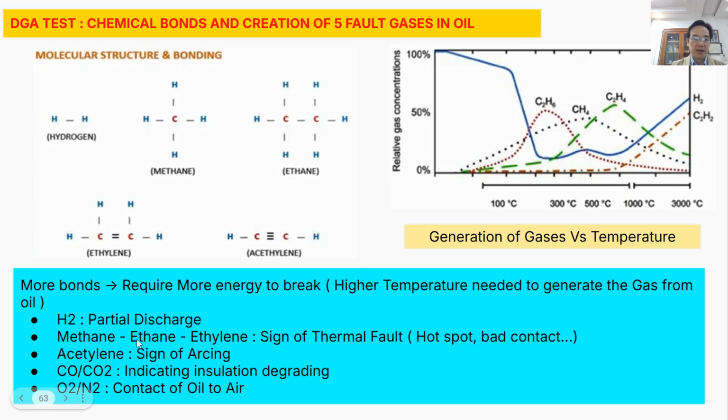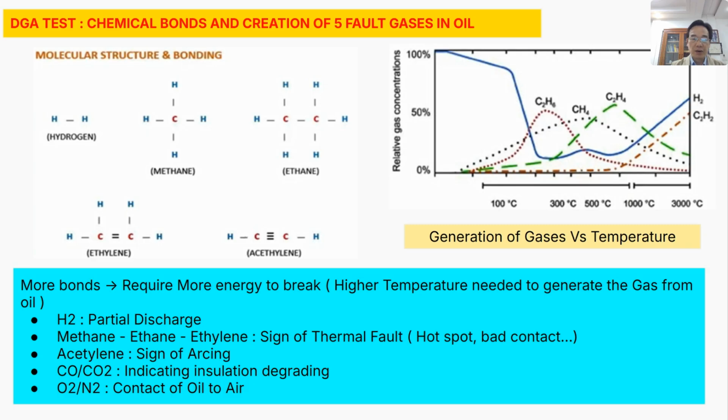So normally we consider the ratio of CO2 per CO in a transformer. The normal ratio is between 3 and 11. If the ratio is less than 3, it indicates a high rate of aging of paper.